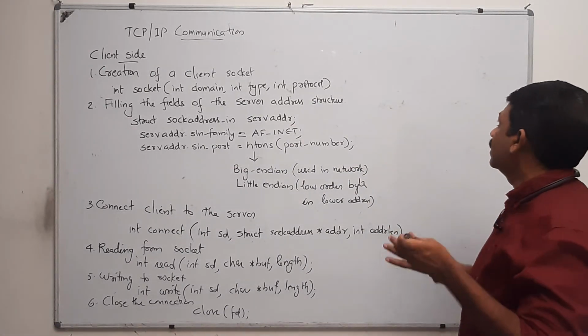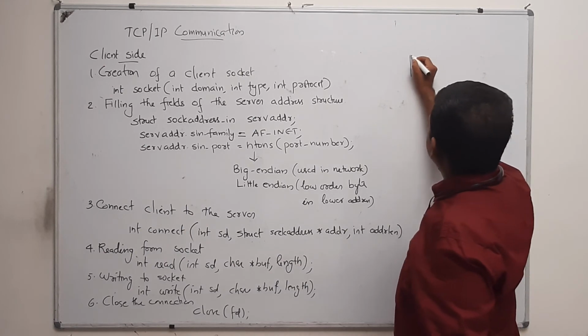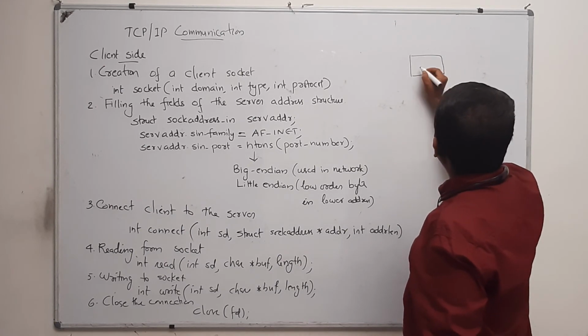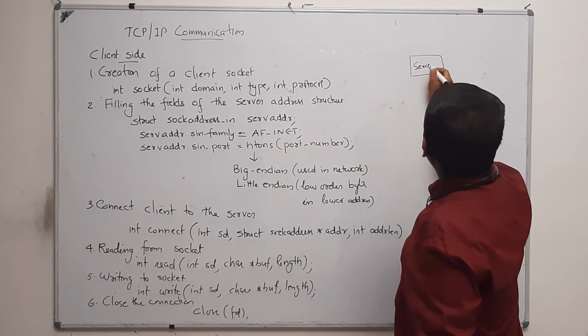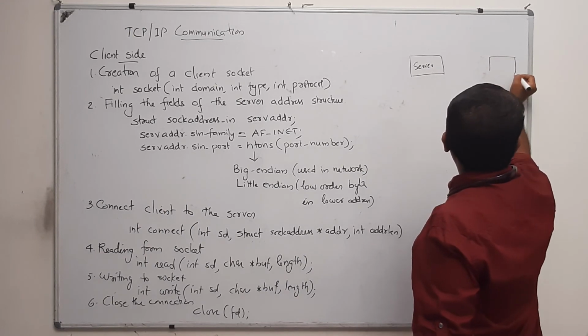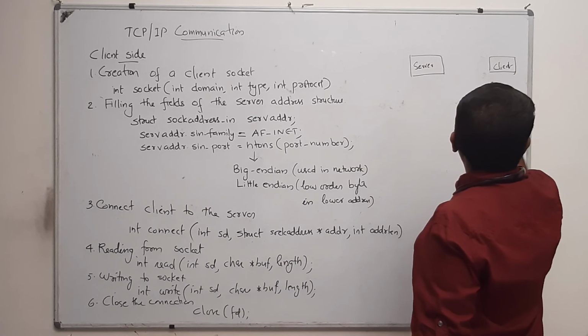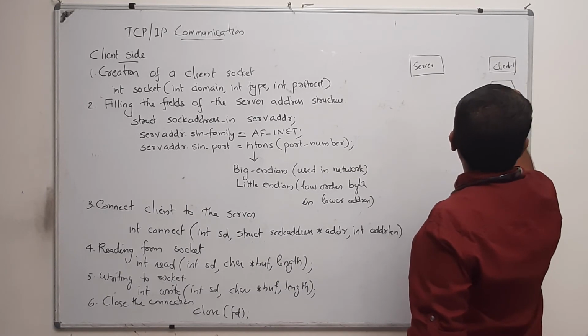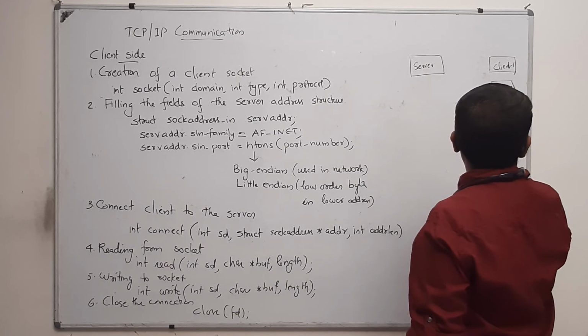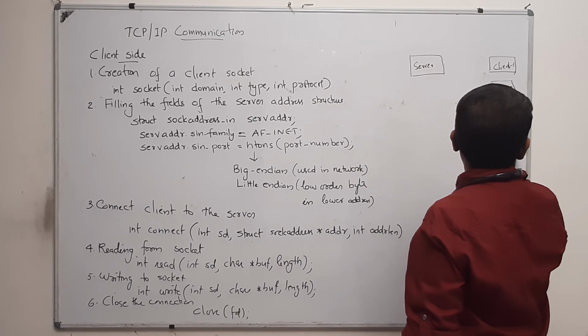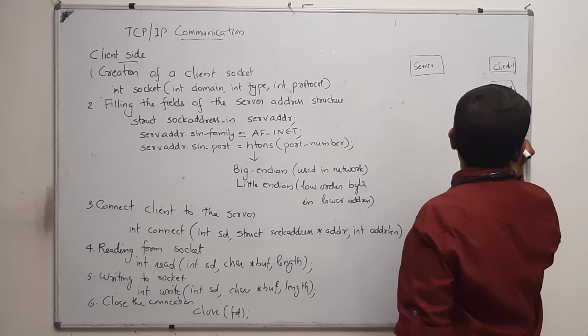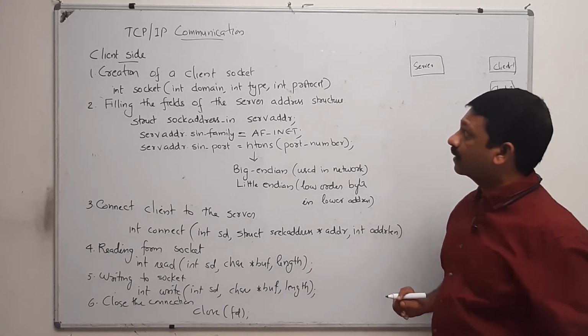For example, suppose that you have a machine. This is the server, and this is the client. A number of clients may be there. That means client number one, client number two, etc., say client N may be there.